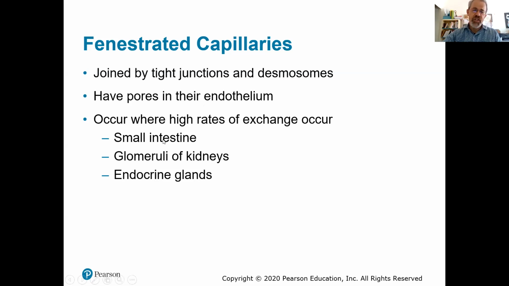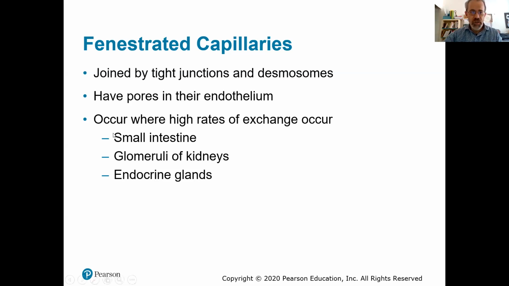In the case of fenestrated capillaries, we actually have large molecules that go through because we have pores. So there's more openings, fewer openings with continuous, virtually no openings with blood-brain barrier.